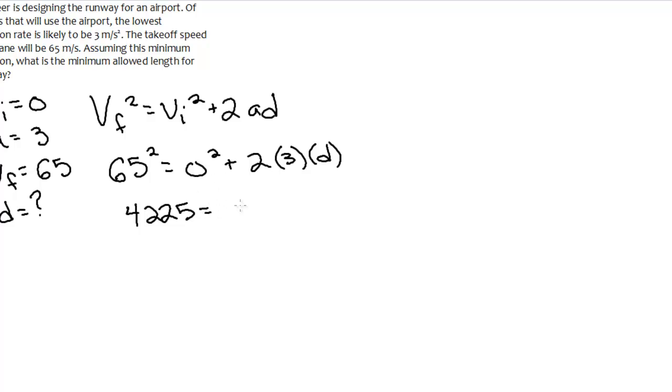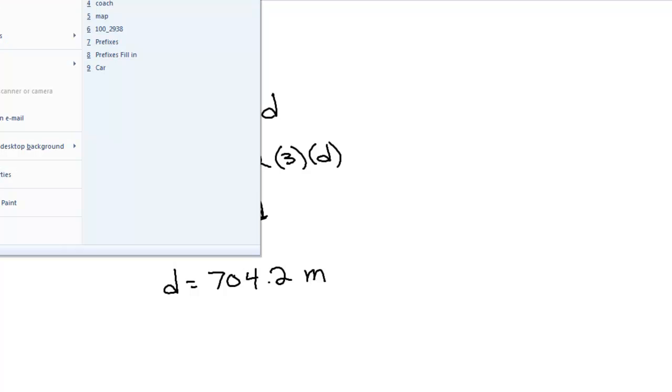I definitely did it beforehand, so I know all the calculations here. 2 times 3, that one I can do in my head. So to get D by itself, we've got to divide each side by 6. And then we're going to get, as a final answer, that D is equal to 704.2. And that's a distance, so that's meters.